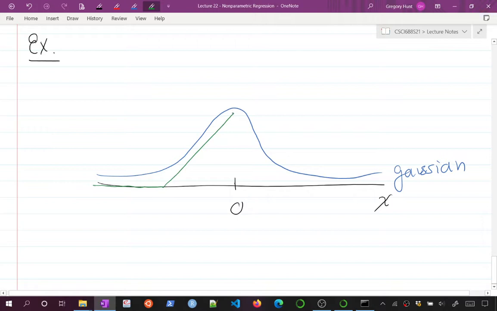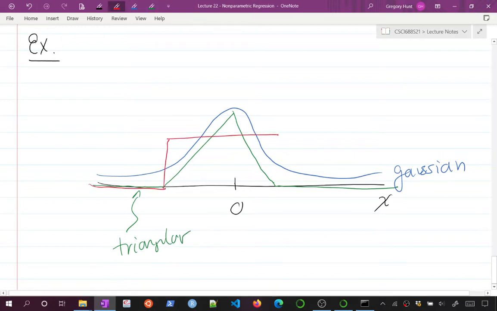Maybe it looks like this. Sure, you can draw them yourself. I could pick a uniform distribution. But all of these could be used. And so this is the way we're going to define a kernel.